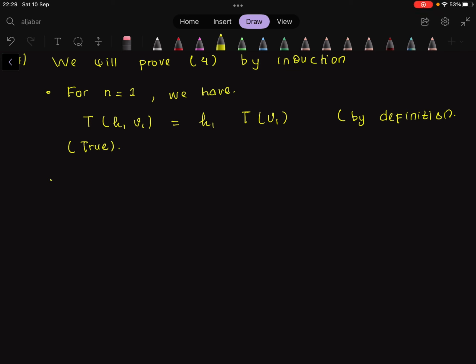Okay, so next we need to prove for n equal to 2. So we have T(k1 v1 + k2 v2).